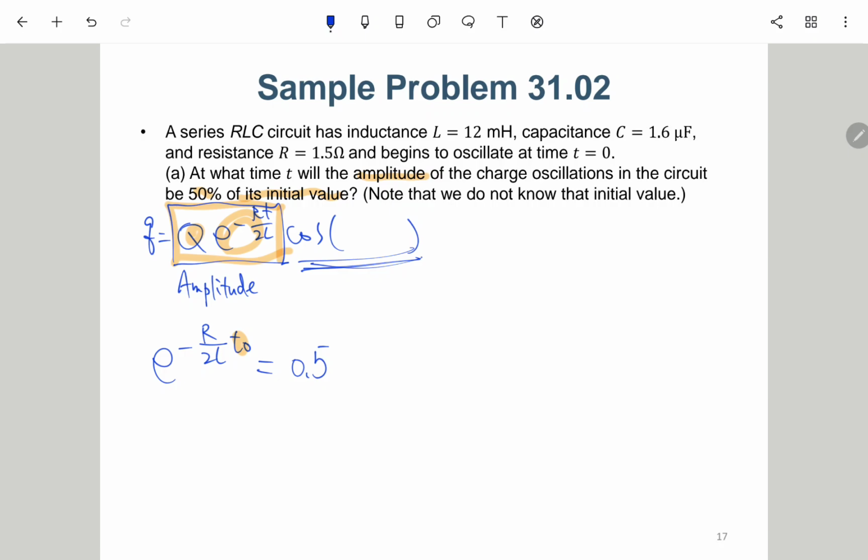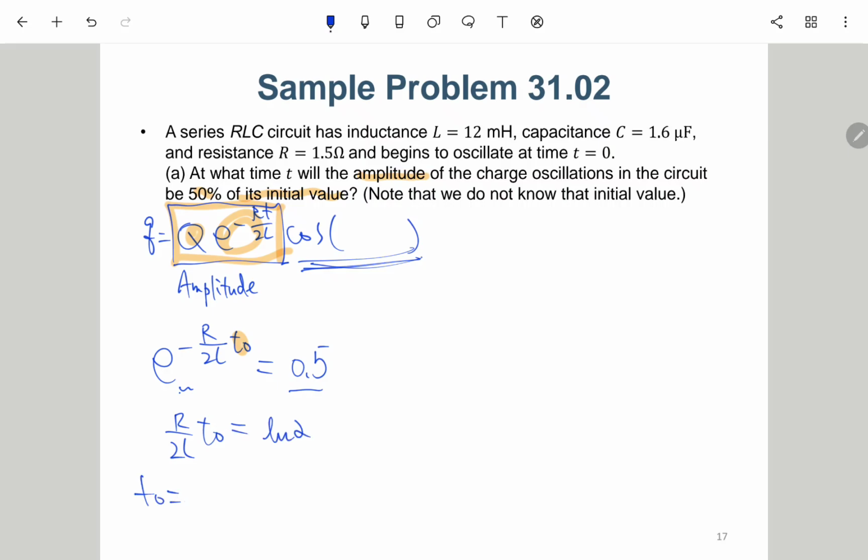Let's take the reciprocal on both sides, so the exponent becomes positive and this side becomes 2, and then take the log. So here we will have R over 2L T0 equals natural log of 2.